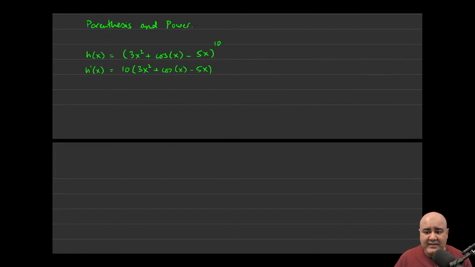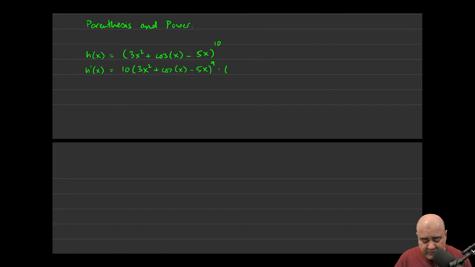But this is not the derivative of the outside completed. The derivative of the outside requires us to bring down the power, but also subtract 1 from it. So 10 minus 1 would give us a 9, times, so either students will forget this or they'll forget this portion. Please don't. Try to make sure that you remember to write all pieces of the chain rule correctly. Times the derivative of the inside.